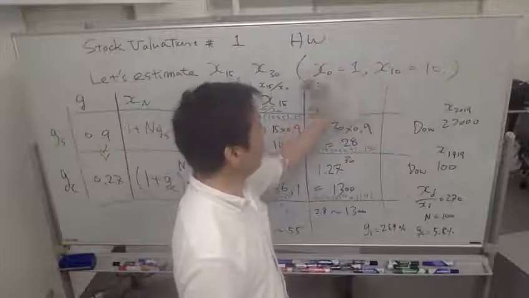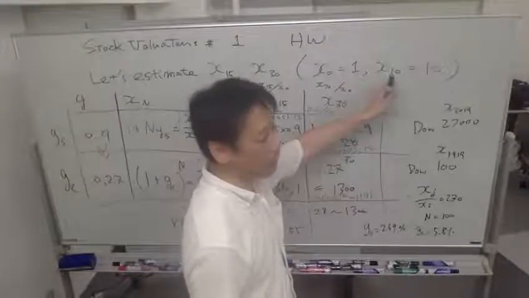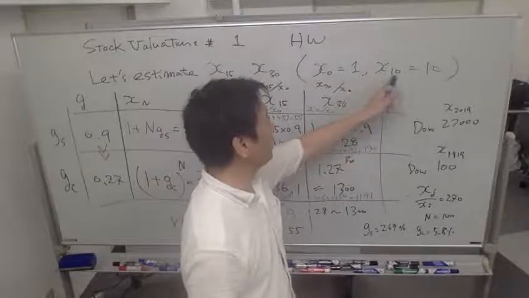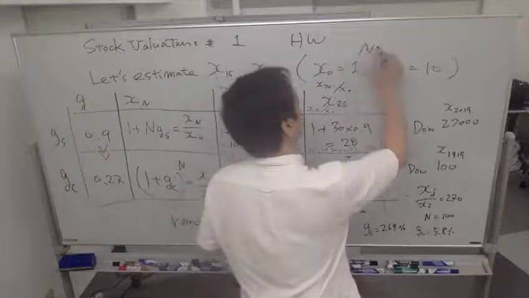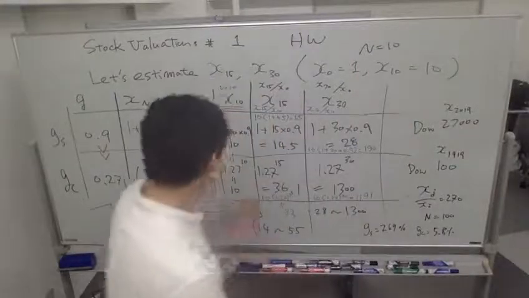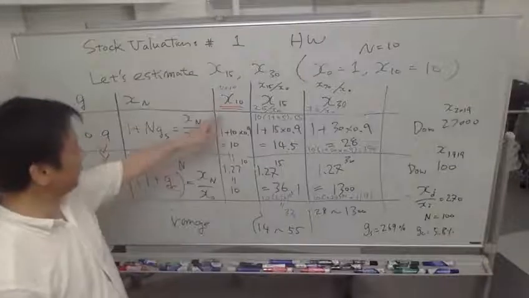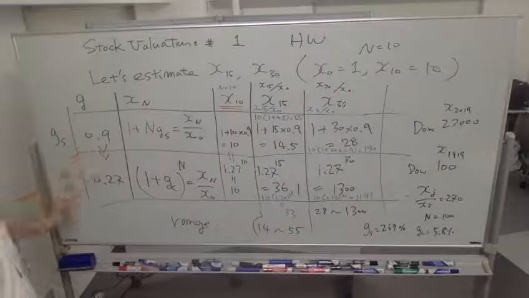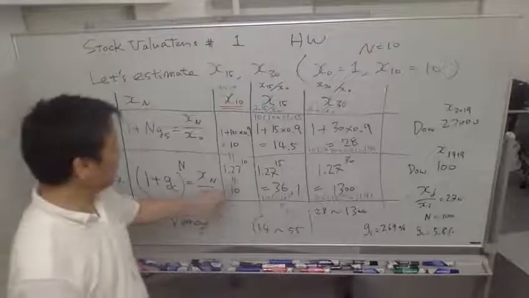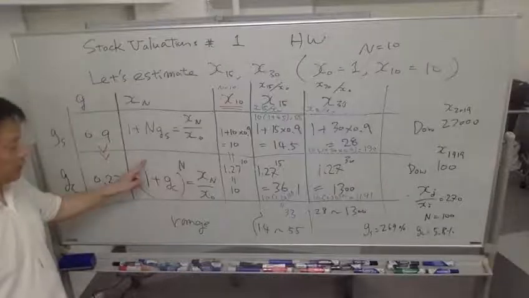Here you can assume your investment time period is 10, 10 minus 0 is 10, right? And we calculate GS from this information, which would be 0.9, and GC would be 0.27 from this definition.